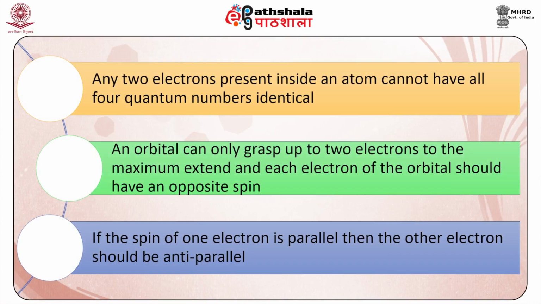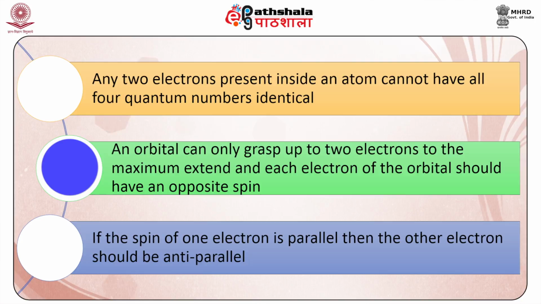The next is Pauli's exclusion principle. It states that any two electrons present inside an atom cannot have all four quantum numbers identical to each other.